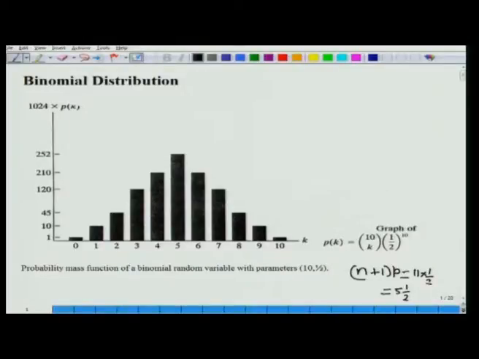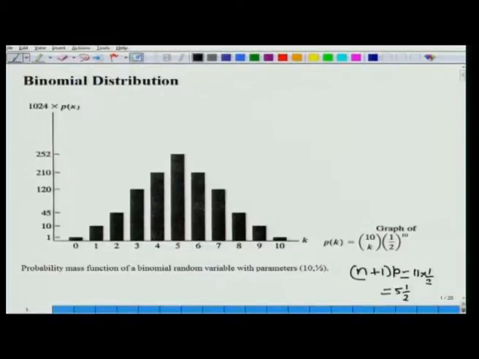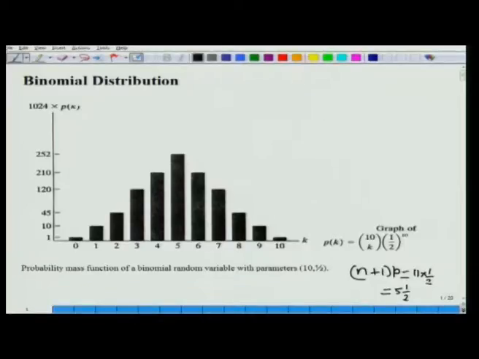Here, this is 1024 times p raised to k, because the horizontal axis is k, and otherwise, since the probabilities are less than 1, just to make them whole numbers we multiplied everything by 1024, which is 2 raised to 10. If you multiply all the probabilities by 2 raised to 10, they become integers. So, this is what your binomial bar chart looks like for p equal to half, and I have shown you how the probabilities continue to increase, reach a maximum for the integer part of (n+1)p, and then start decreasing. Okay.